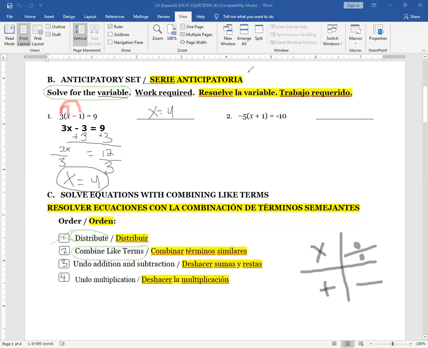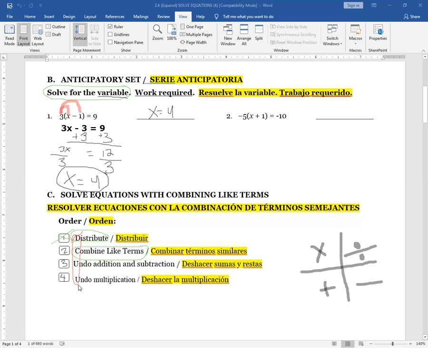I don't know if you remember, but I used to do this all the time. DCUU. And that's distribute, combine, undo, undo. Okay. Sounds familiar? Yeah. Okay, good. Well, that's what you're going to do with the rest of the problems.